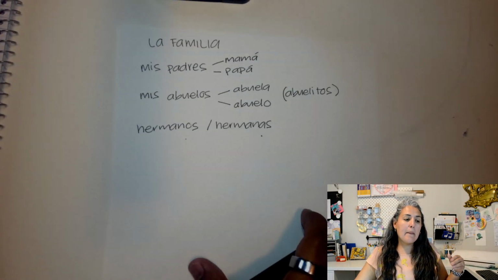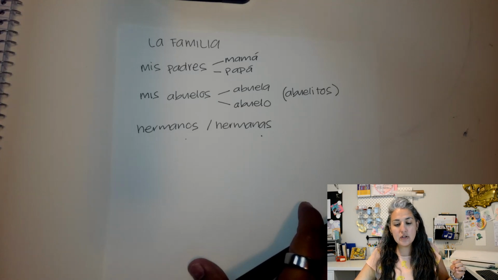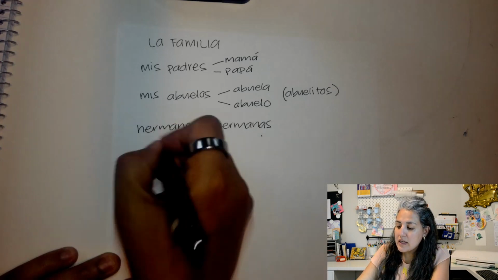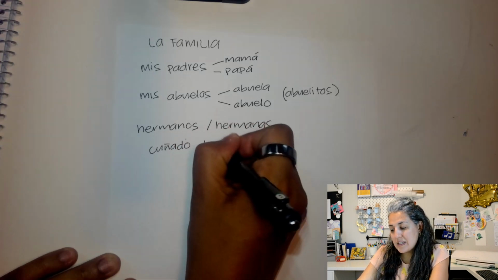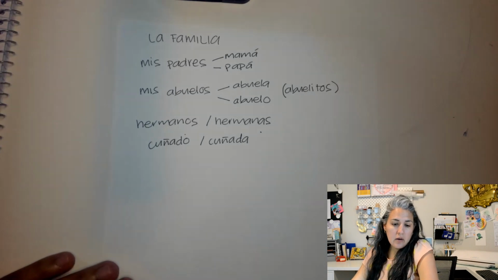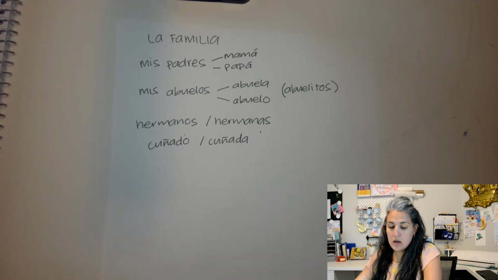So when you marry someone and that person has a brother or a sister, they're your sister-in-law or your brother-in-law, it's called cuñado. Cuñado or cuñada. Those are sister and brother-in-law. We're just going over all the terms and then we'll go to a family tree.